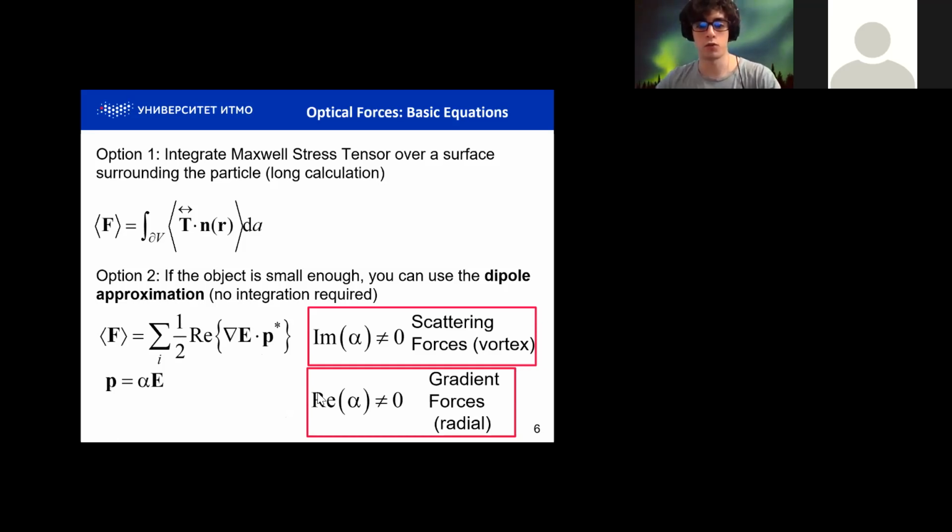And these forces depend on the real part of this constant here. So if we find conditions so that the real part becomes zero, the only thing that is left are scattering forces, which lead to a much broader spectrum of phenomena, including rotation. So this is our purpose.